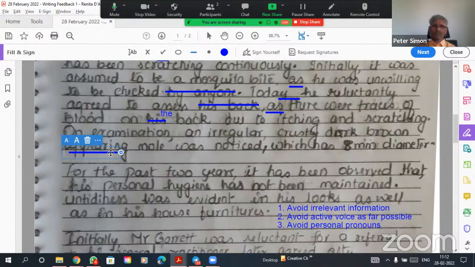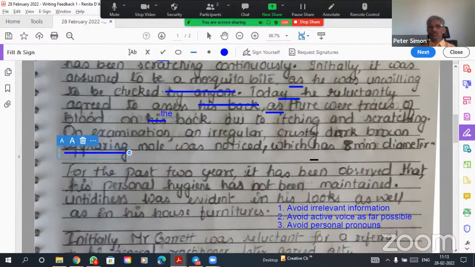So what is the need of this one? There's no meaning. Why do you say noticed there? Either say mole appeared, or appearing mole was noticed. Doesn't look fine. You notice because it appears. So it is redundant, unnecessary.